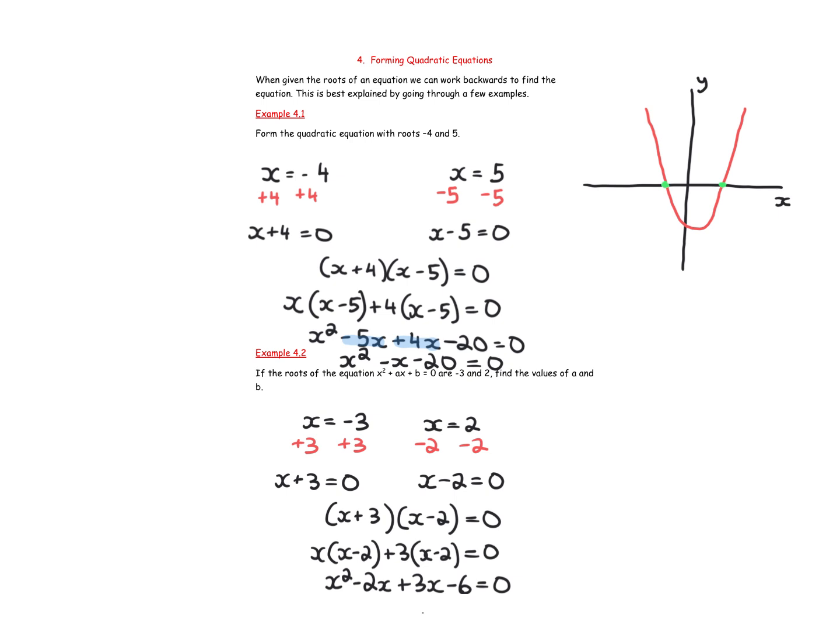And then adding the like terms where we have minus 2x and plus 3x, we get a final quadratic equation, which is x squared plus x minus 6 is equal to 0. Therefore, in this particular quadratic, a here is equal to 1 and b is equal to -6.